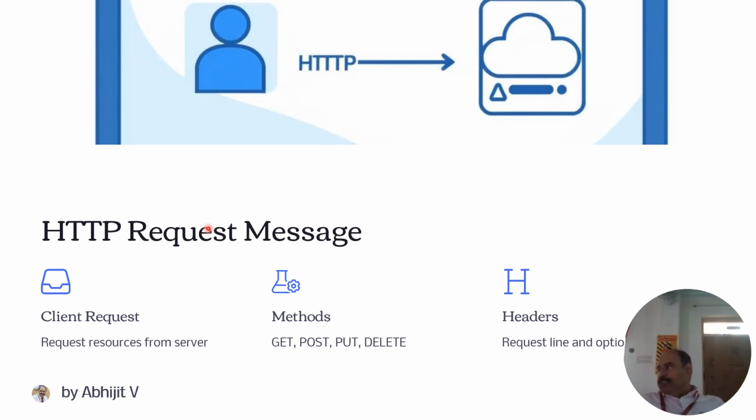HTTP request message, message methods and headers. A request is being sent to the cloud. Okay, an HTTP request means you type in your browser a URL, you type it as http colon slash slash and then the URL. HTTP stands for Hypertext Transfer Protocol.